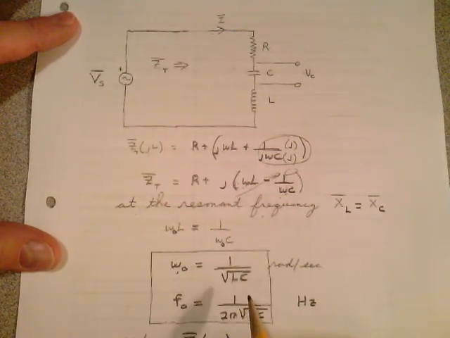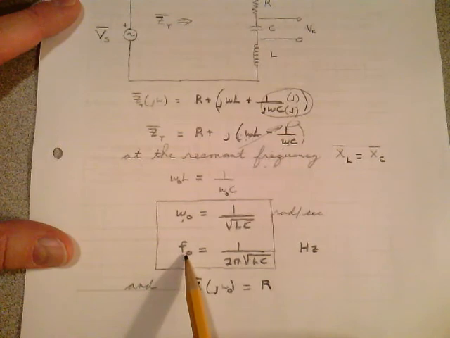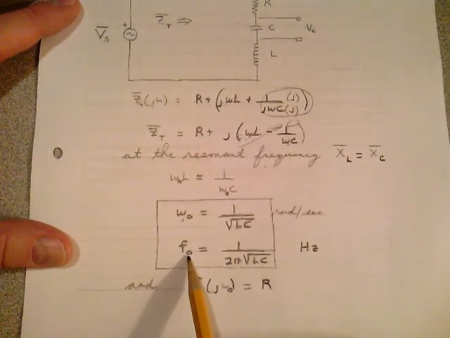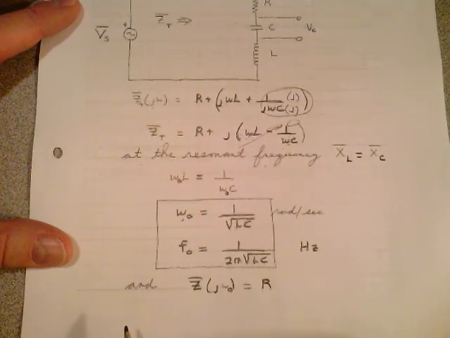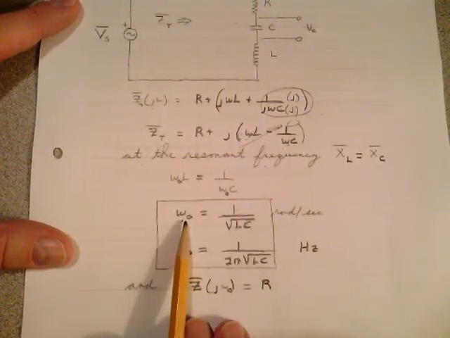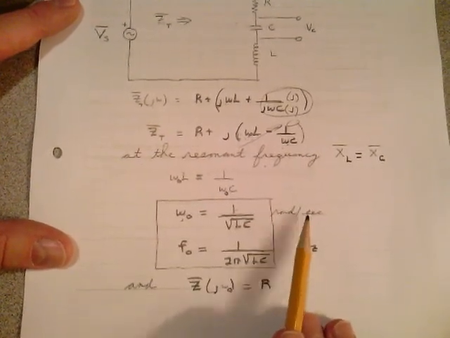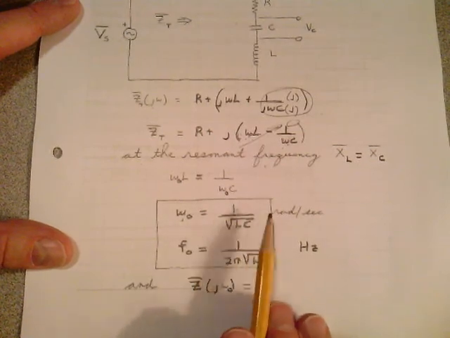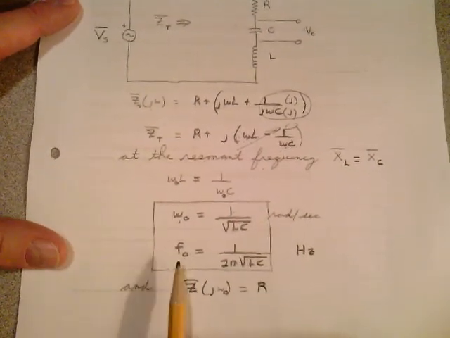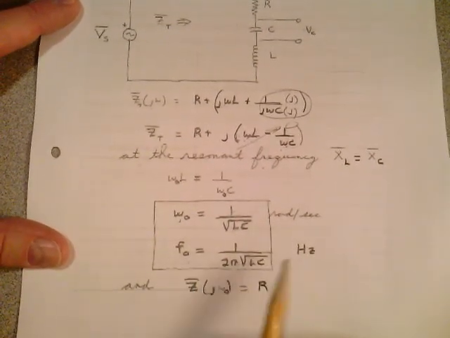And since omega is equal to 2 pi f, this equation also holds true. F sub 0 in terms of hertz is 1 over 2 pi, the square root of LC. So here's two equations you definitely want to have written down. This is the resonant frequency in radians per second, and this is the resonance frequency in hertz.